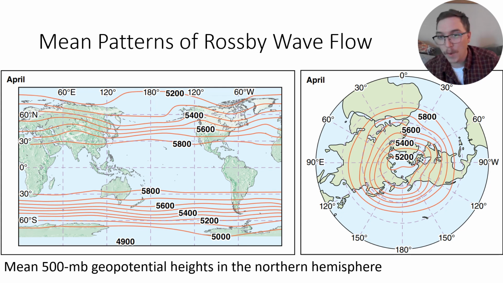Here in April, we can see that in the northern hemisphere, our polar jet is suppressed. If we remember from our Wednesday lecture, we see that 5,800 line is getting into northern Mexico in the Baja Peninsula, and that 5,200 line is a little suppressed. It's not really over the continent as much, over some of the islands in the north.